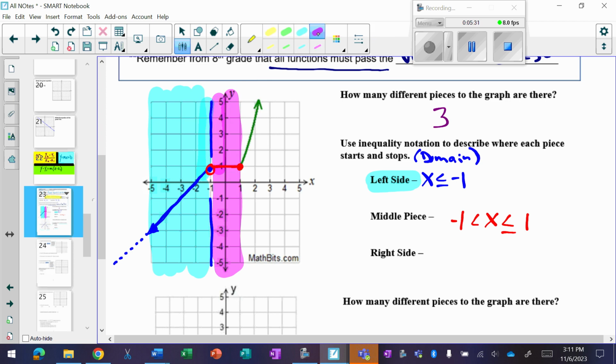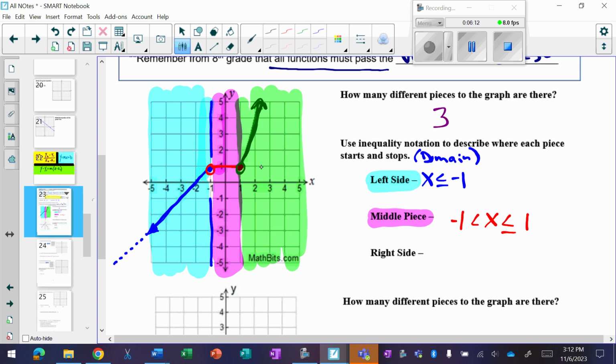I just need to make sure that I adjust my symbols so that it's not equal in two different parts. It is equal to -1 on the left piece, but not equal to -1 on the middle piece. For the third piece, over here on the right edge of this graph, I'm going to make it not equal to +1 and then head towards infinity to the right.